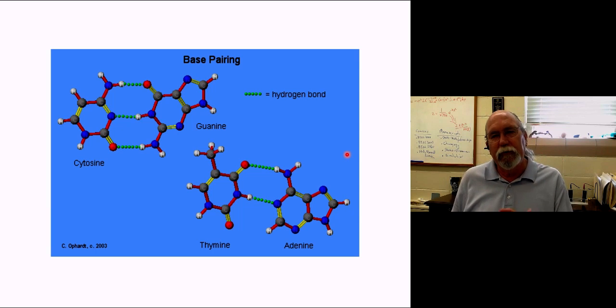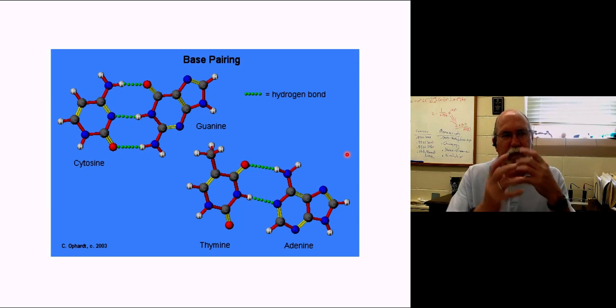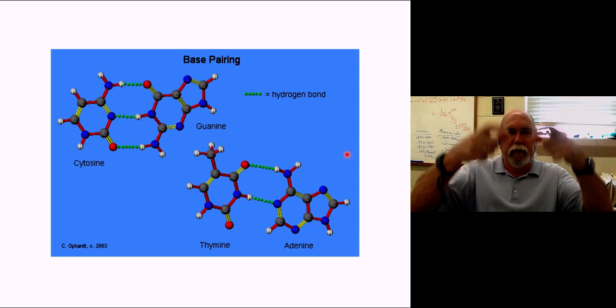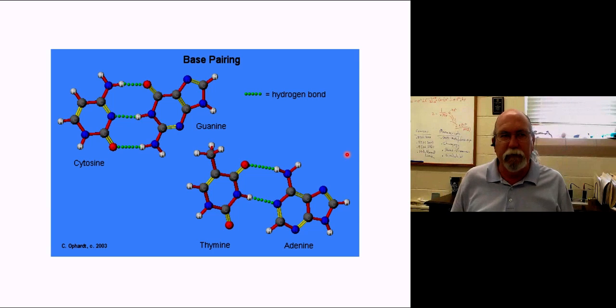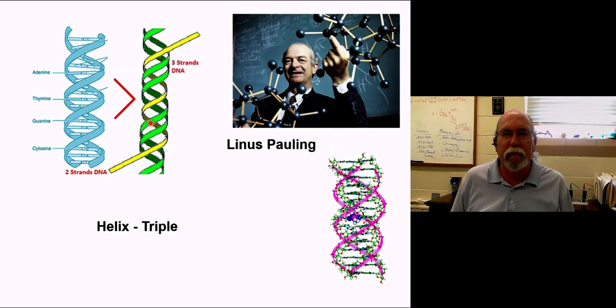So what have we done? We've disproven the tetranucleotide hypothesis. There's not a perfect little square of ATGC going up because clearly there's not the right amount of nucleotides in DNA. So what were the alternatives? Well, Linus Pauling had the idea, a very brilliant man, that it was a 3-stranded helix.